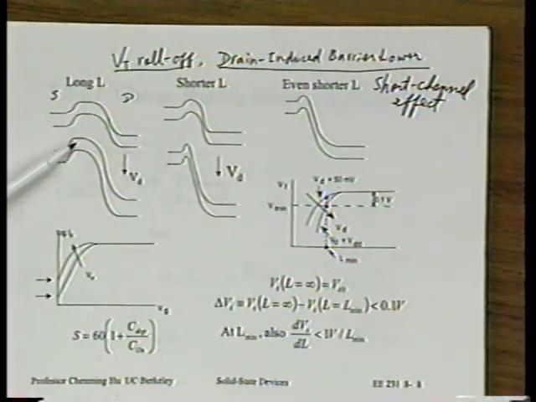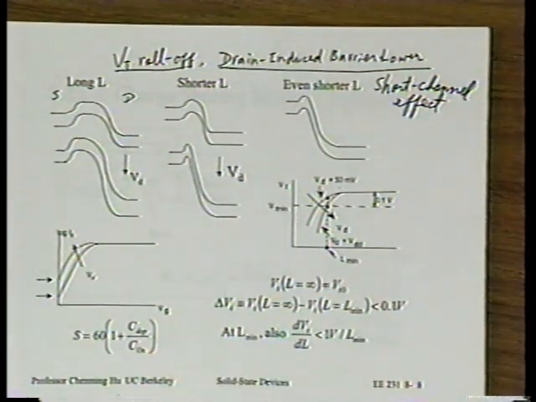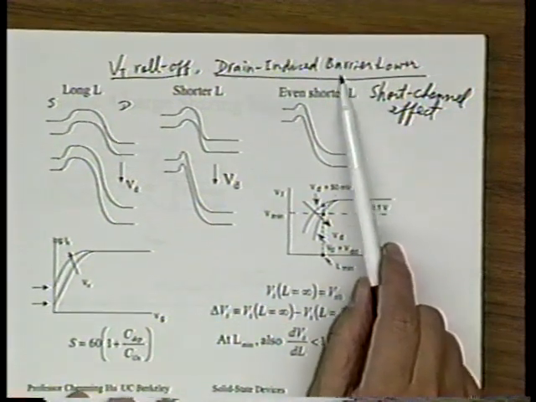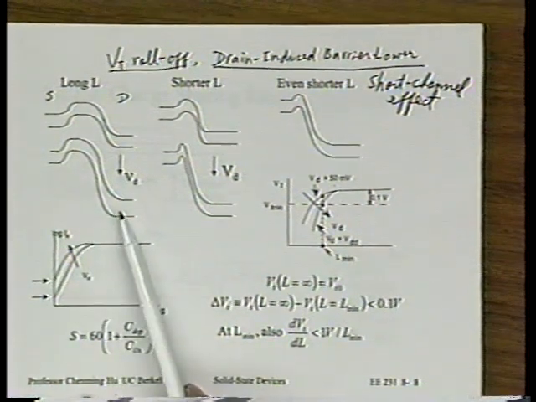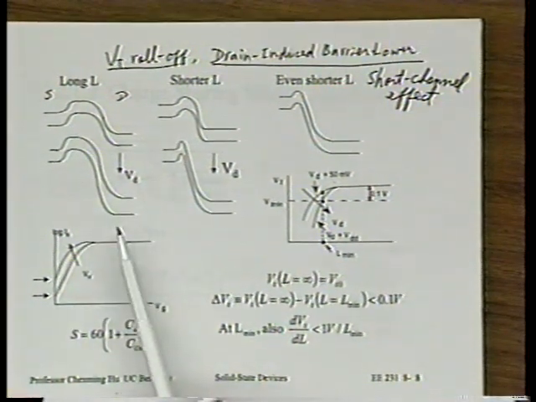We don't see any change in the barrier between the source and channel. So that's why in a long channel transistor, when we say the word barrier, we mean the barrier between the channel and the source. The barrier is independent of what happens at the drain, specifically independent of VD.